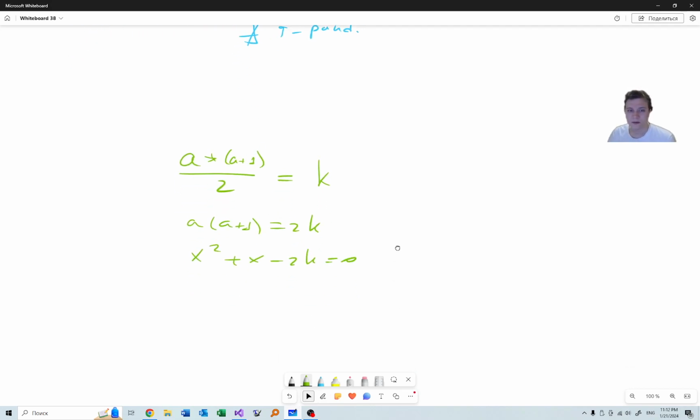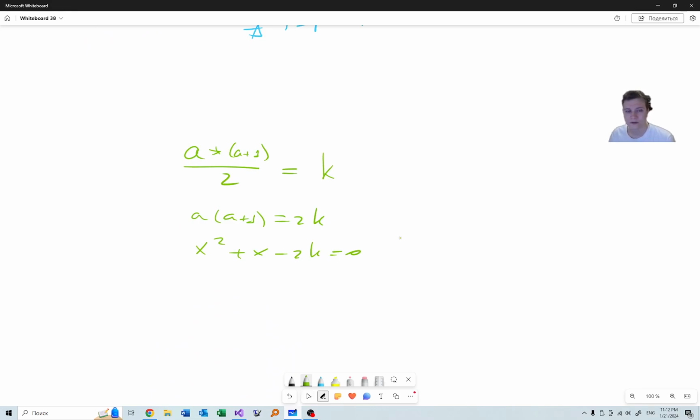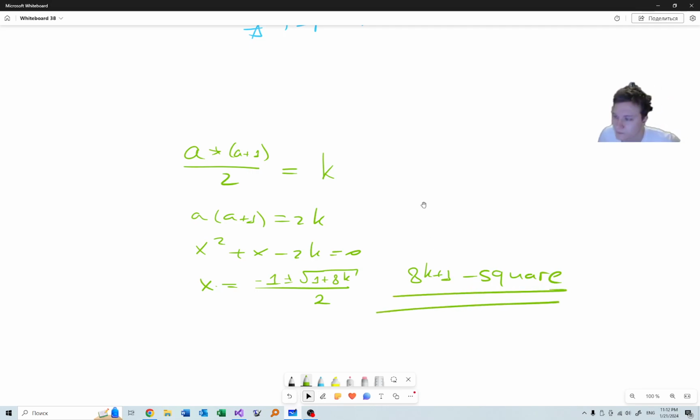And this is equivalent to this having an integer root. Integer root has the following formula: minus 1 plus minus square root of 1 plus 8k over 2. So we simply need 8k plus 1 to be a square. It should be a square.